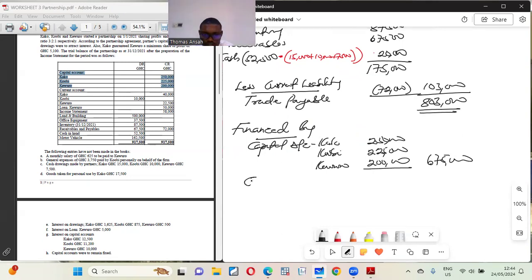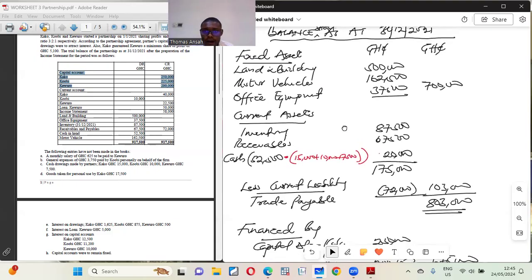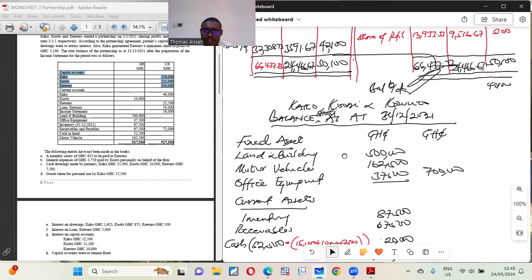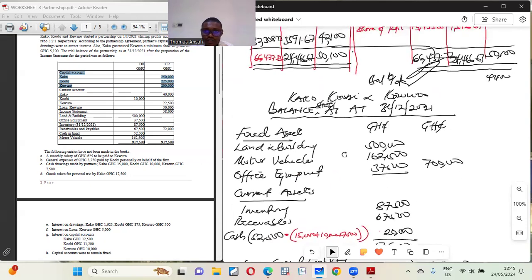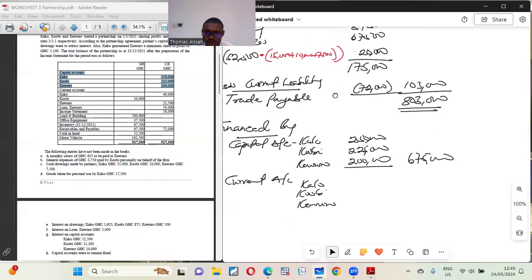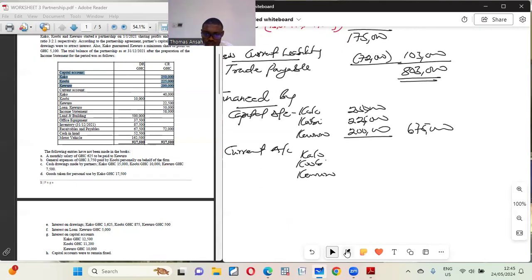Then we come to the current account that we prepared. So that one to Kako, Kobe, then Kehru. So, what were the figures we had? All right. So we have 32,308.33, 3,591.67, and 42,100. So let's slot them in.